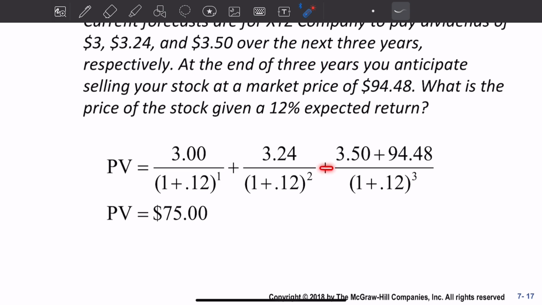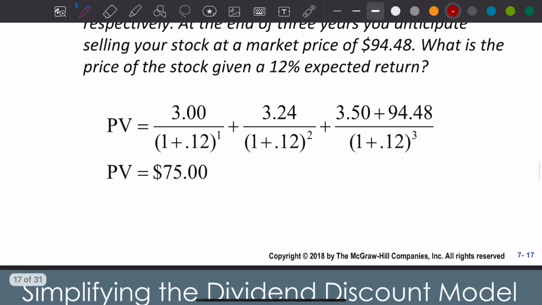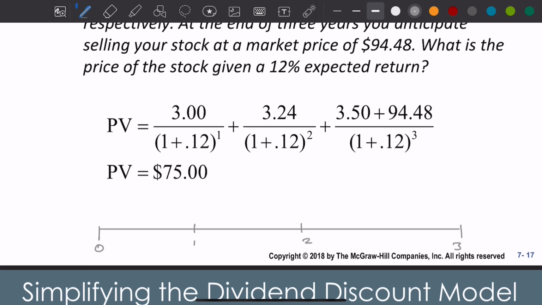And finally, for the third year, we expect to get 2 cash flows, one from the dividends and one from selling the stock. So we add them together and then divide by 1 plus R to the power of 3. If we want to show this on a timeline, it would look something like this: 0, 1, 2, 3.